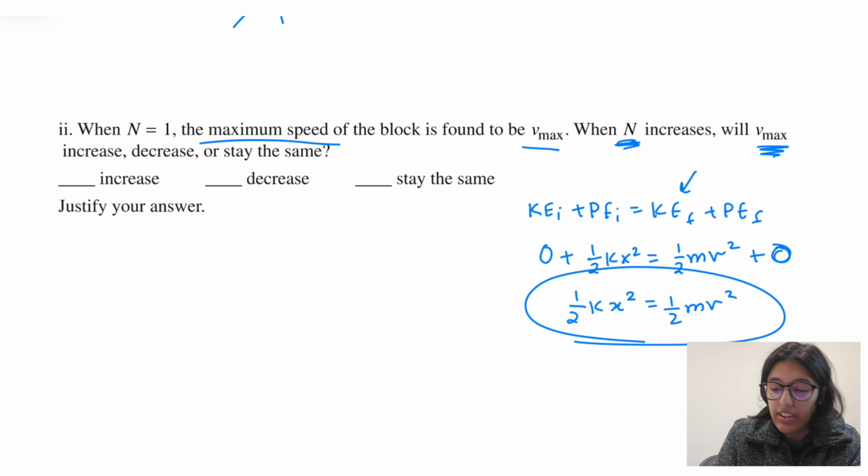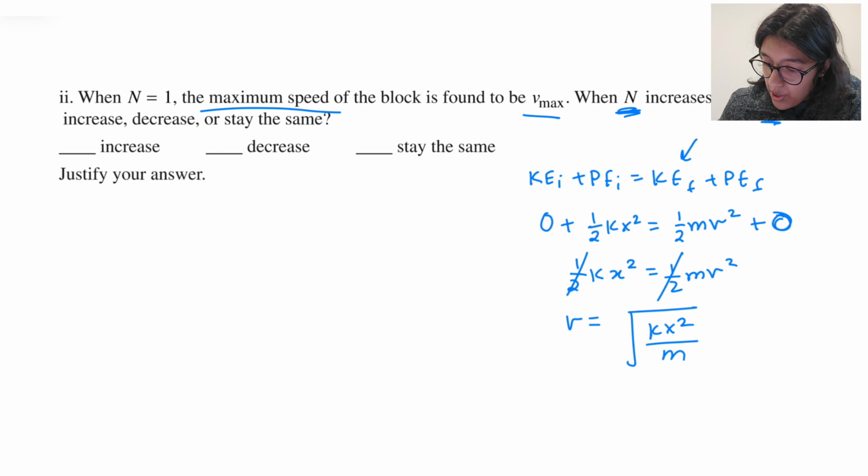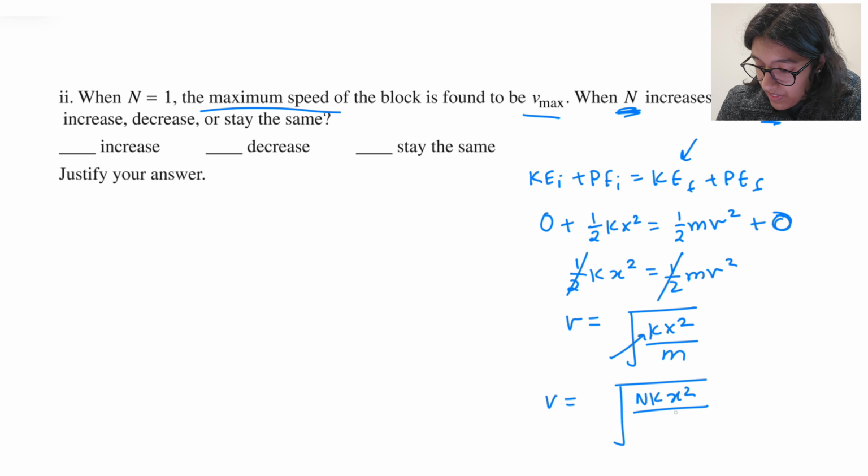So in order to get n into this problem, I know that this k, of course, has to be k of the whole entire system. So v is going to be equal to that same exact thing, x square root of nk over m. So now I'm going to simplify this a little bit.